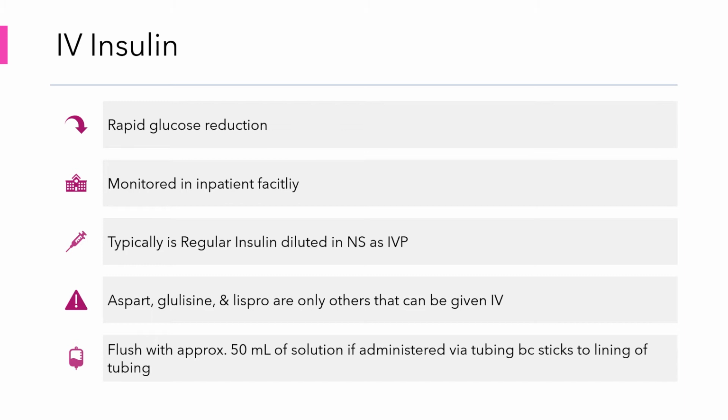After we have administered insulin, we'll need to flush with 50 milliliters of solution if it was given through a tubing, because it sticks to the lining of the tubing. So this is not talking about IV push. This is talking about insulin, like IV push to the direct hand. If we are giving insulin through the tube, instead of disconnecting, there's saline that's infusing for a bolus, and we administer it through the closest port. That insulin sticks to the tubing.